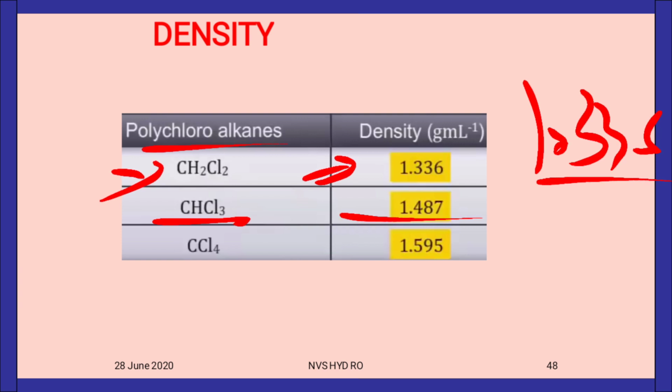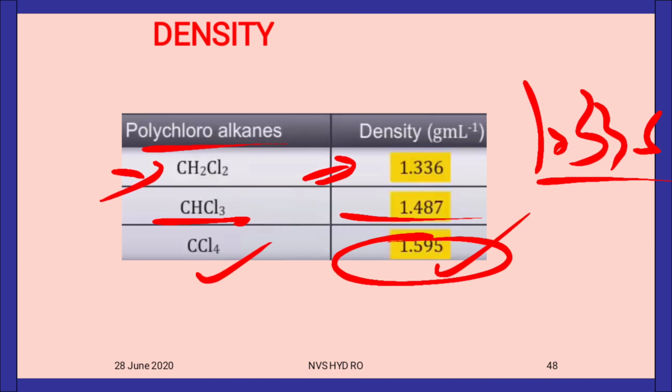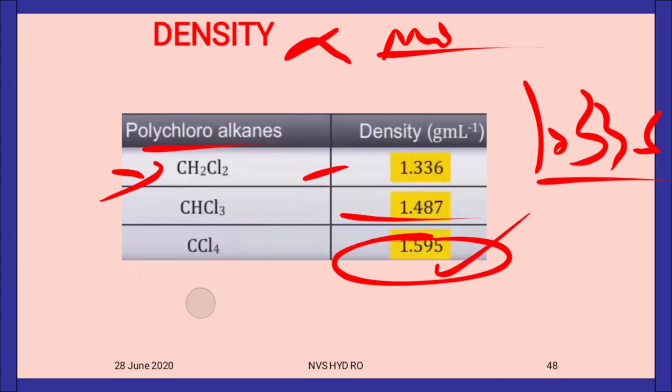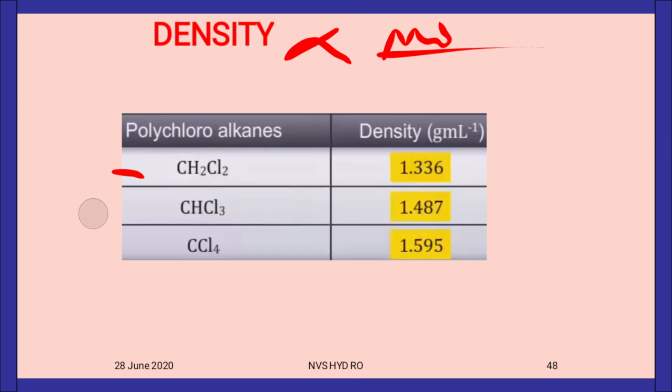So you can clearly see, जैसे जैसे आप क्लोरीन atom को बढ़ा रहे हो, क्लोरीन बढ़ रहा है, तो आपकी density भी increase कर रही है. So it is directly proportional to the number of halogen atoms. ठीक है, ये clear है, इसमें कोई doubt नहीं है, बताओ, नहीं होना चाहिए.